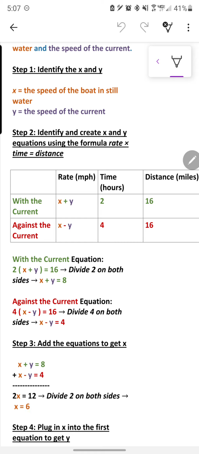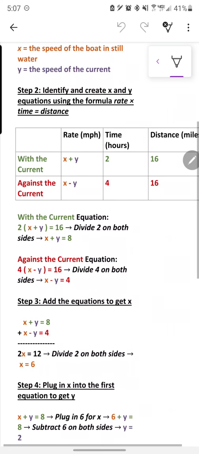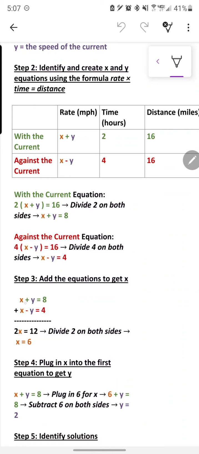Now we move on to step 4. Plug in x into the first equation to get y. To be honest, you could plug x into the second equation, it's just one extra step, but I chose the first one because it's one step quicker. So let's go down here, and you're going to see x plus y equals 8.